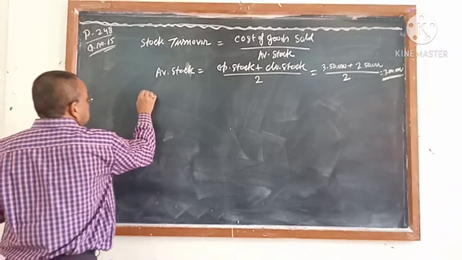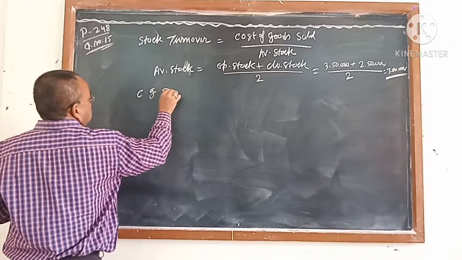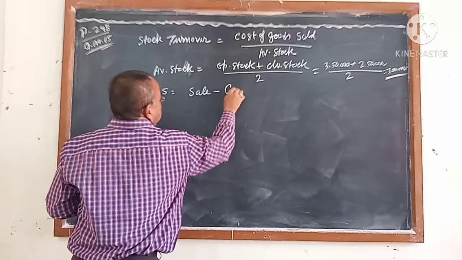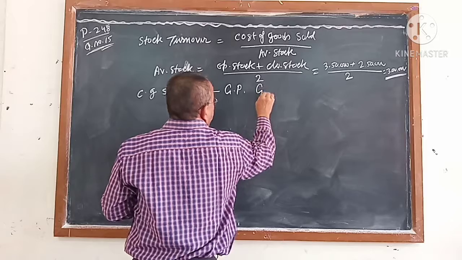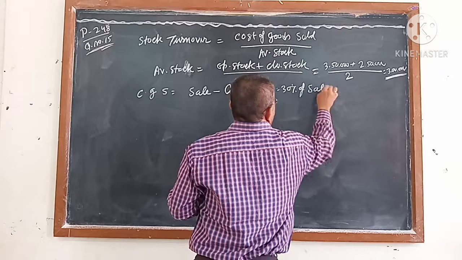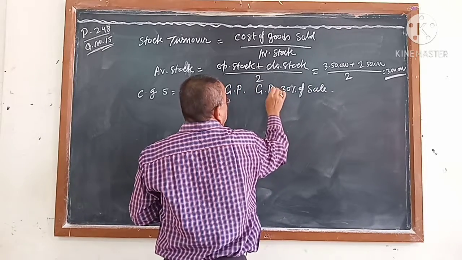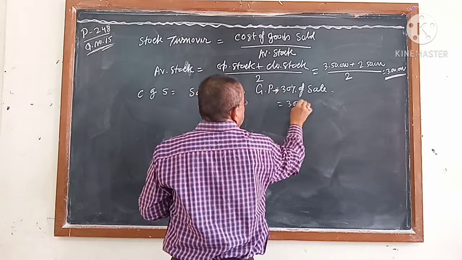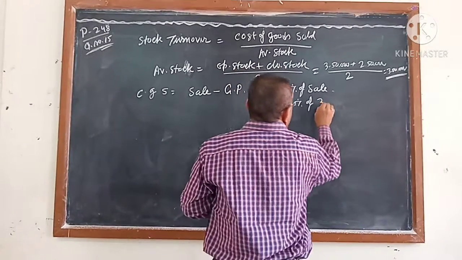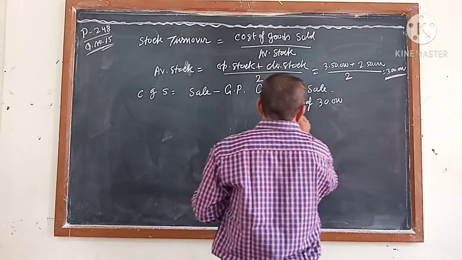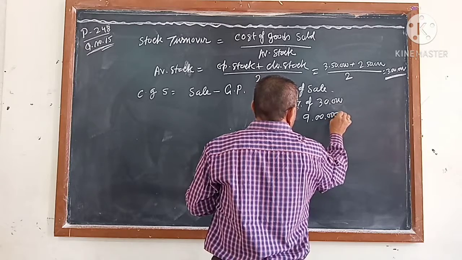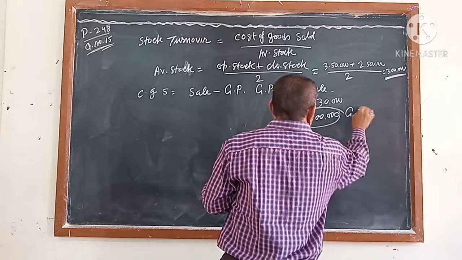So cost of goods sold, CGS, is equal to sales minus GP. Here GP is equal to 30% of sales. Sales is 30 lakhs. So 30% of 30 lakhs is 9 lakh. 9 lakh is your gross profit.